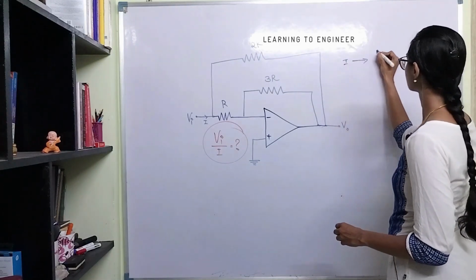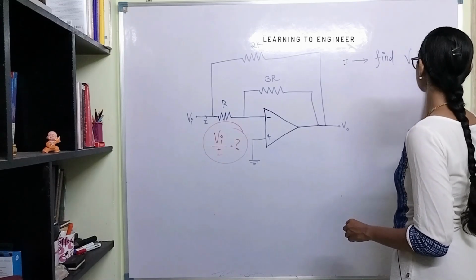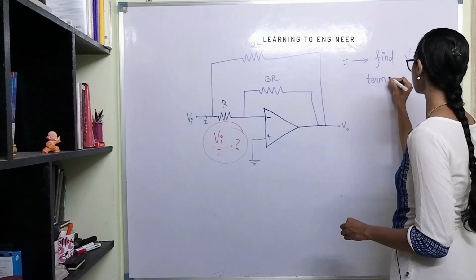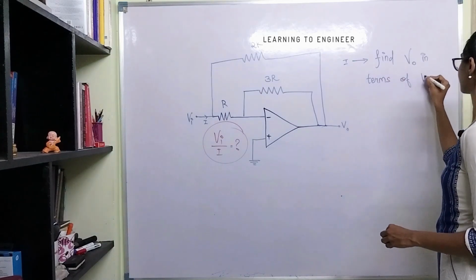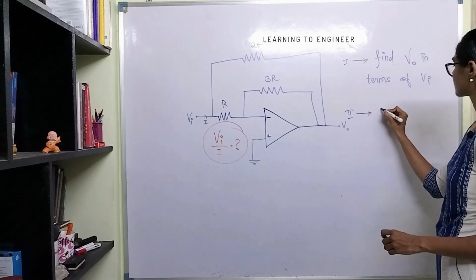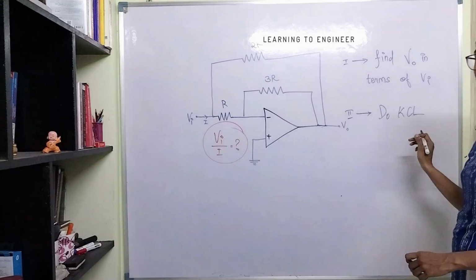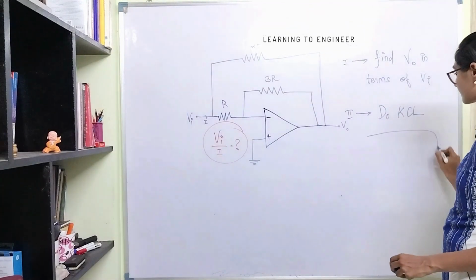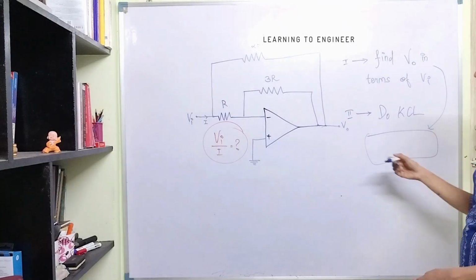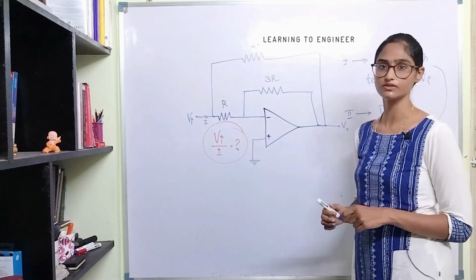First step will be find the value of V0 in terms of Vi. And the second step is do KCL. After you apply KCL you will arrive at an equation and you have to substitute this in this and hence find out Vi divided by I, which is the input resistance of this circuit.